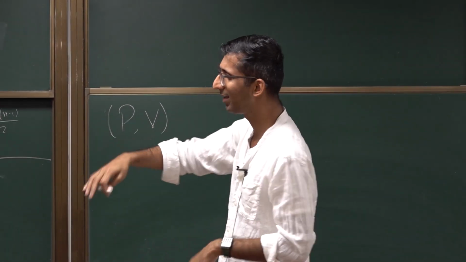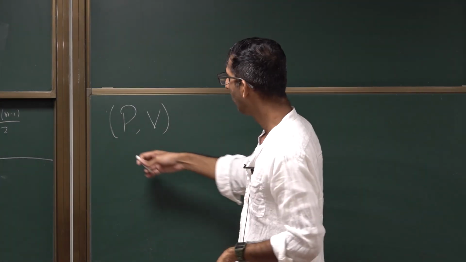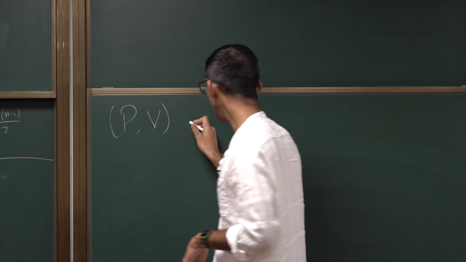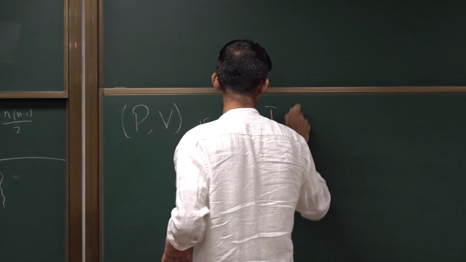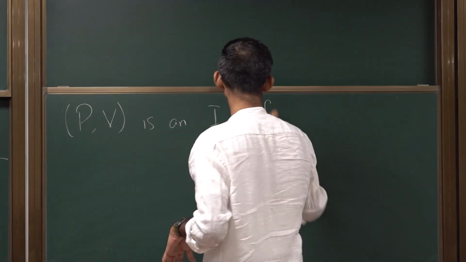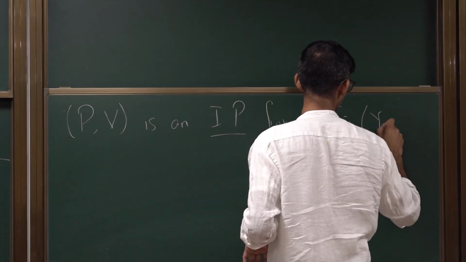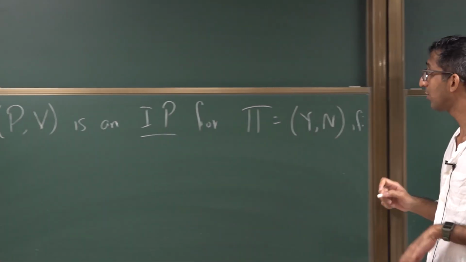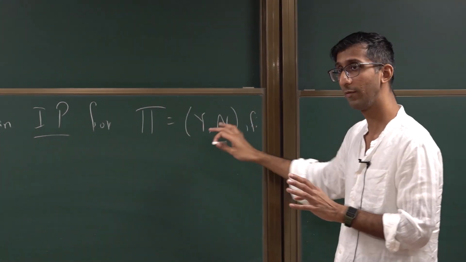They have to be compatible in that they expect to receive the same messages and send the same messages and so on. But a proof system, which is specified by these two algorithms, I will say is an interactive proof, and I'll abbreviate it as IP. It's just interactive proof for a promise problem pi, if it satisfies the completeness and soundness properties defined with respect to this.